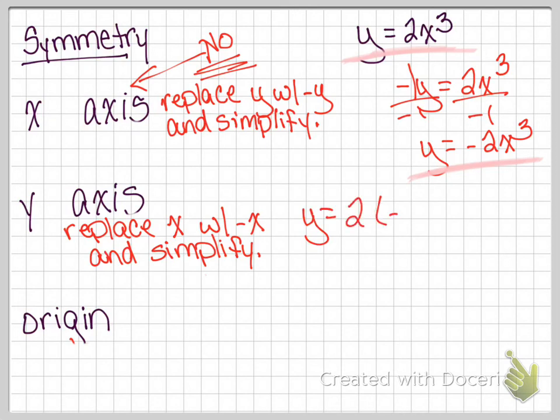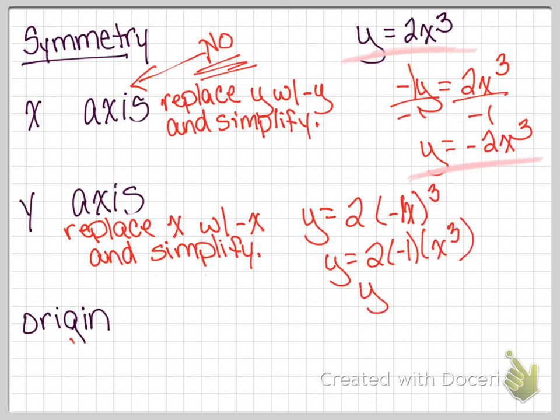I'm going to put that negative x inside parentheses because then I know I am cubing everything. What's in front of that x? Negative 1. So I am cubing the negative 1, and that's going to be negative 1, and I'm cubing the x. So when I simplify this, I'm left with negative 2x cubed.